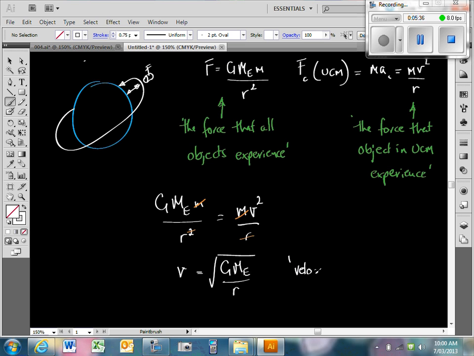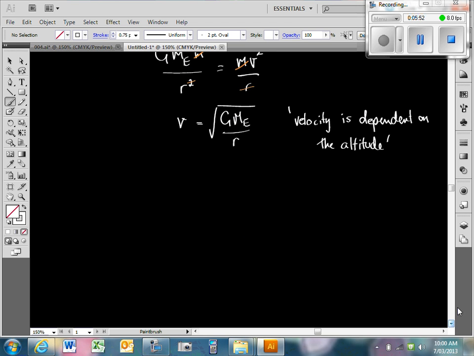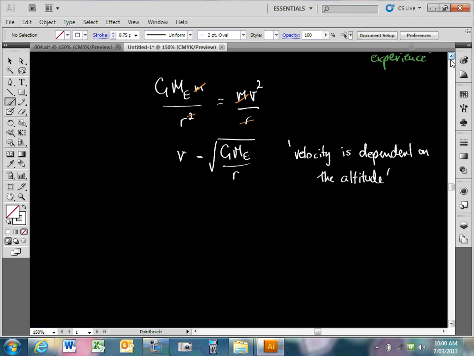Velocity, when I say dependent upon, I don't mean proportional to, of course. Dependent upon.